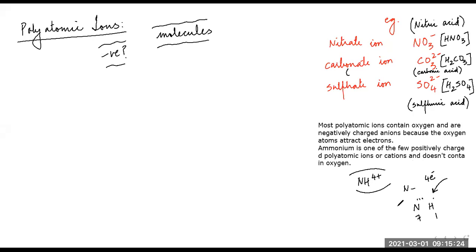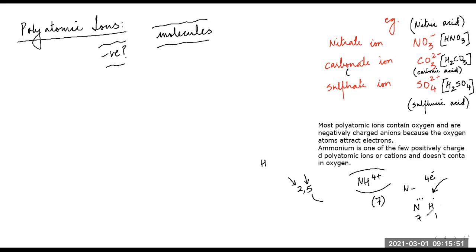You see, N, we have already discussed, nitrogen has atomic number 7, which means its configuration would be 2 and 5. In the first shell, 2 electrons. In the second shell, 5 electrons. 5 electrons means it's short of 3 electrons to complete the octet. So N is short of 3, H is short of 1, H atomic number is 1.